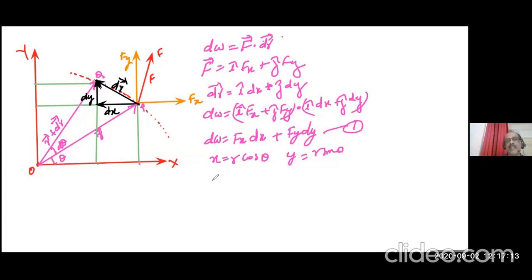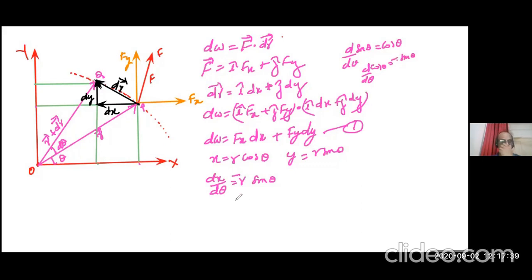Now dx by d theta is equal to r into minus sin theta. That's a formula. d by d theta of sin theta is equal to cos theta. d by d theta of cos theta is equal to minus sin theta.